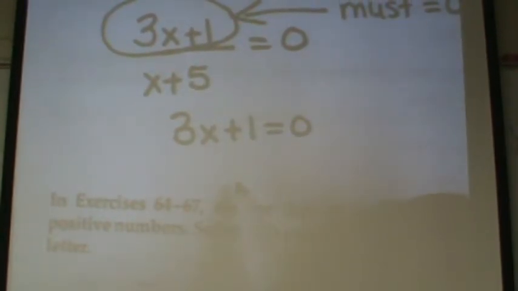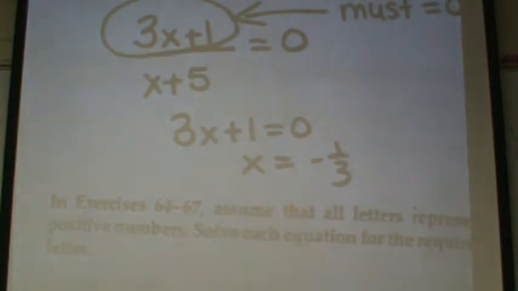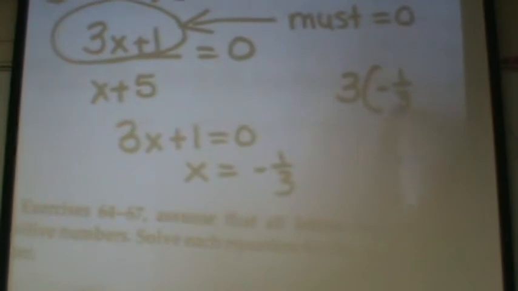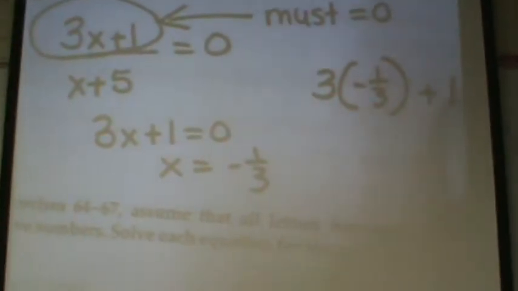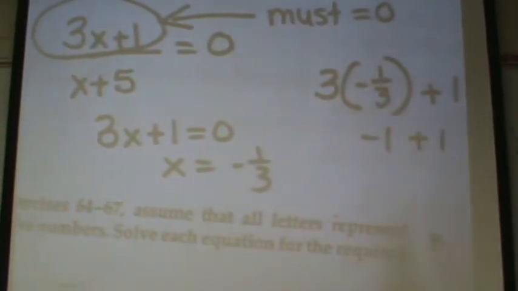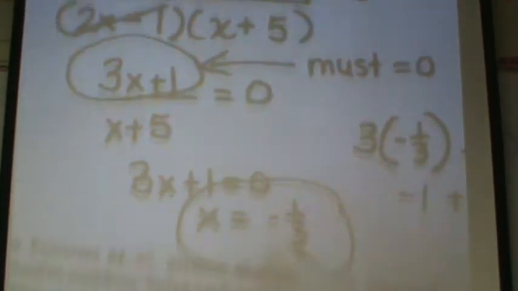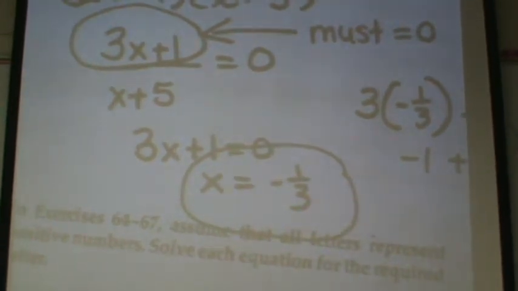Anyone know? Subtract 1 divided by 3? Negative 1/3. If x were negative 1/3, what's 3 times negative 1/3? Negative 1. What's negative 1 plus 1? 0. So the value that makes this fraction equal 0 is when x is negative 1/3.